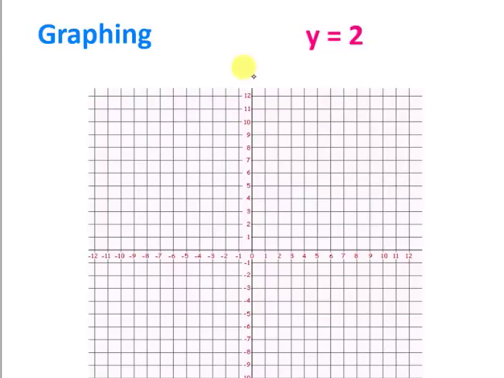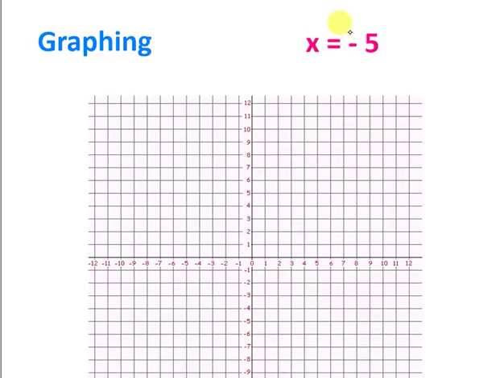So we're going to find 2 on the y-axis, which is right here, and it is strictly going to be a horizontal line. And that's all we're going to have is a horizontal line, because there's no x after it, which means that I have no slope, okay? And there's no y, so we're not going to add a y-intercept to it.